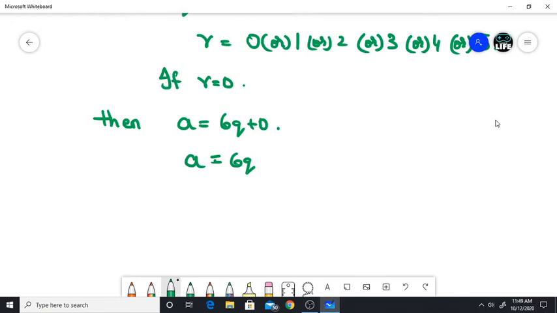Okay, now see this. If r equals 0, then a equals 6q, which can be written as 2 into 3q, where q is any integer.